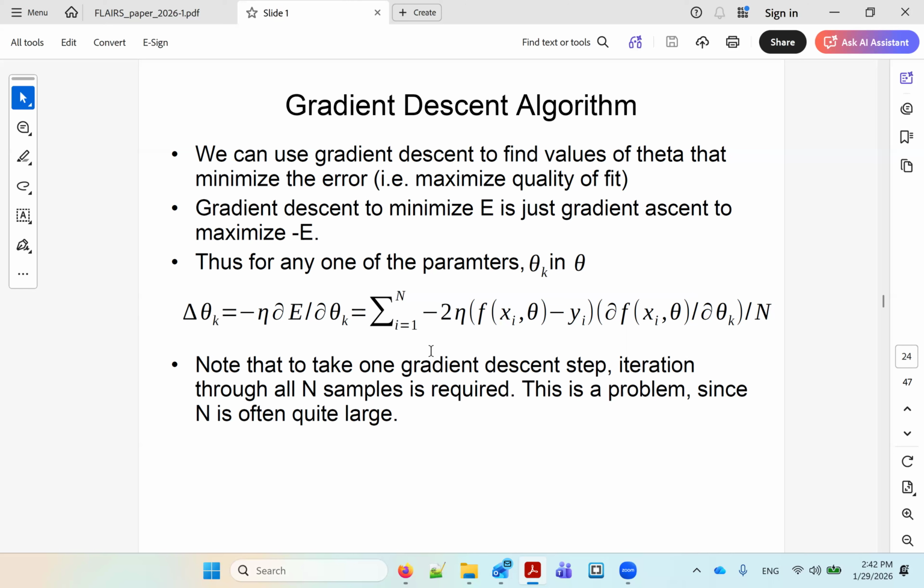And what does the continuous version of hill climbing search, i.e., gradient ascent, now gradient descent, tell you to do? It says to take the derivative. This used to be a quality function. Now it's a negative error. Take its derivative with respect to that parameter, multiply it by a constant, and add that to the value. That's what this delta means. This is how much we're going to change that parameter every time we step through the algorithm.